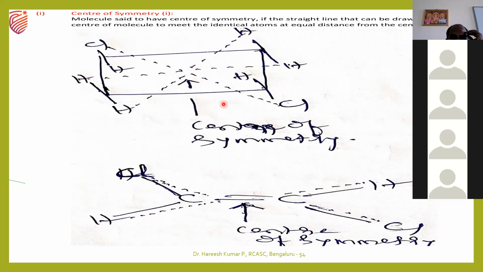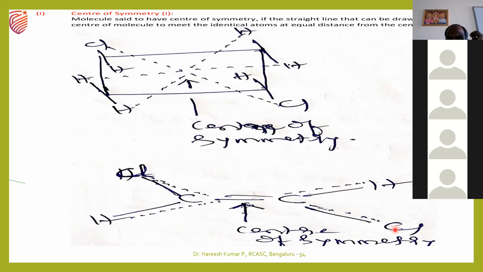So in the center of symmetry, what you need to remember is that chloro and chloro, these two are the identical groups. Hydrogen and hydrogen, these two are the identical groups. Similarly, this hydrogen and this hydrogen are identical groups. So overall, center of symmetry is exhibited by the molecule containing identical groups.